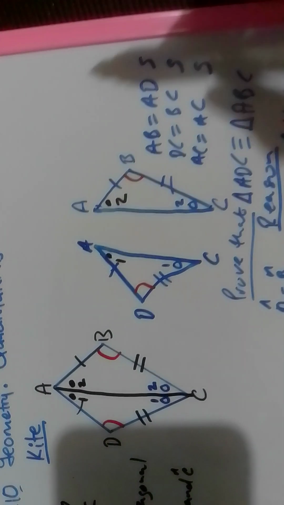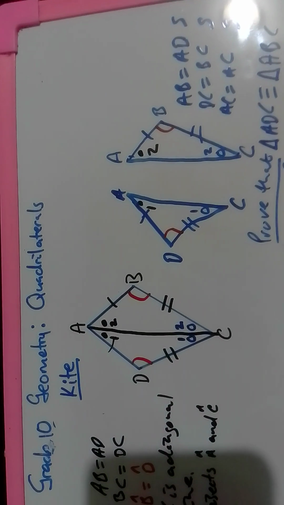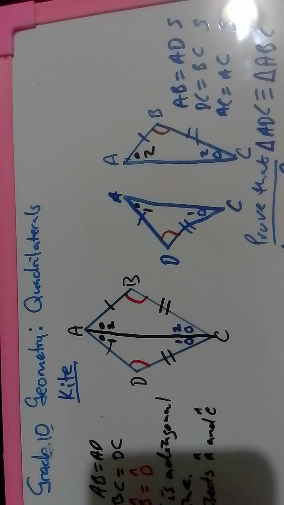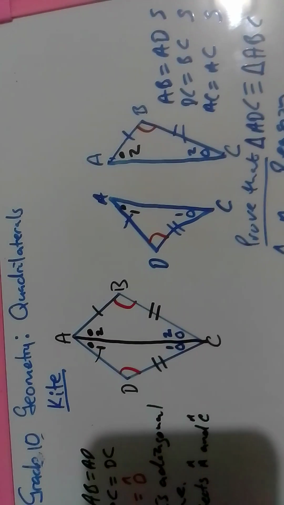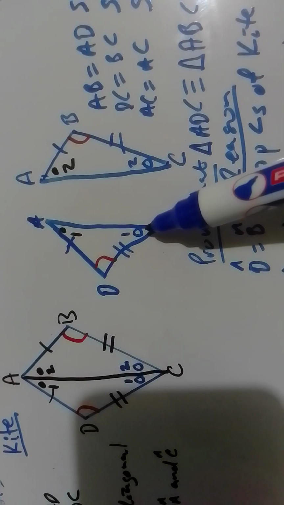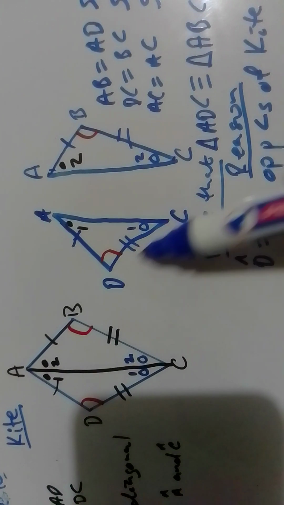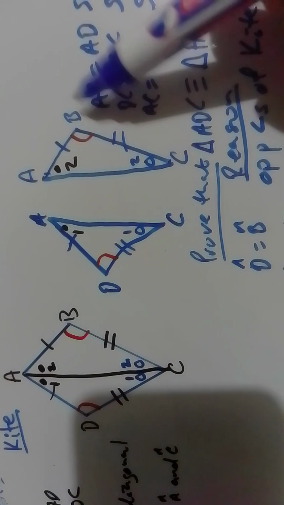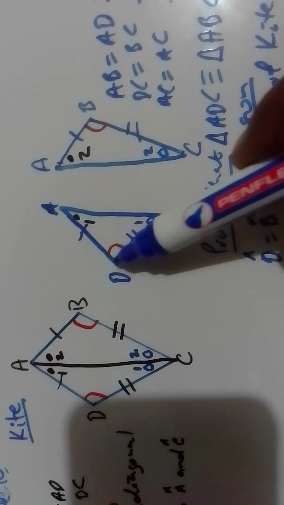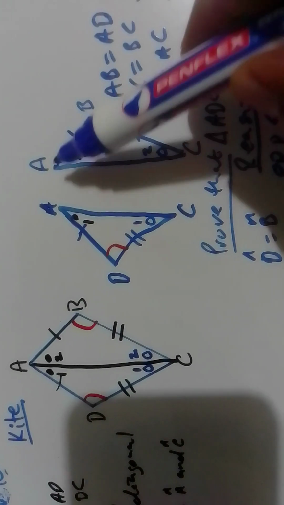That's why you have got four conditions. You could use them. For as long as you can prove them, then you can use them. I could have used angle, side, side. So I could have used that angle C1 here is equal to angle C2, and side CD is equal to side CB, and side DA is equal to BA.